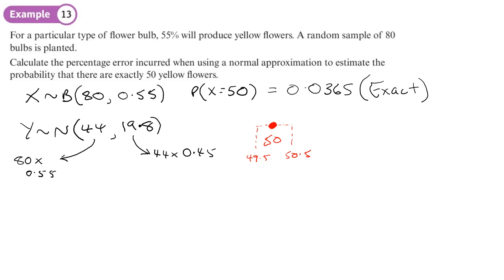So if I change that on my calculator, and I'm doing normal CD, lower limit 49.5, upper limit 50.5, the square root of 19.8 as the standard deviation, and the mean of 44, and I get this approximate value of 0.03618.